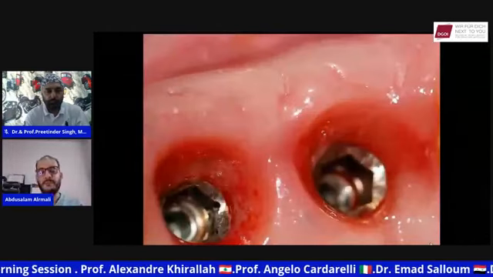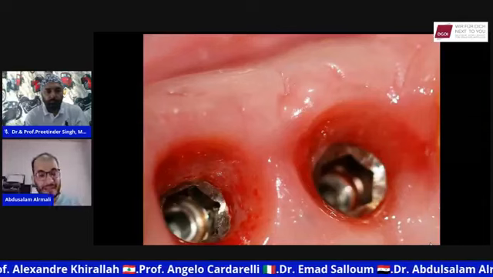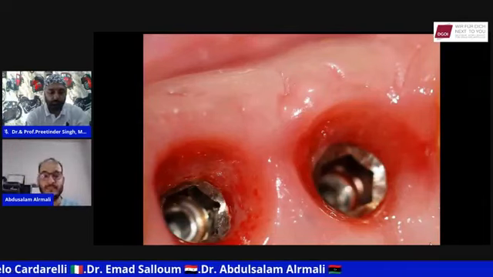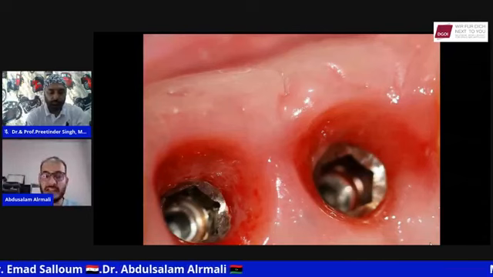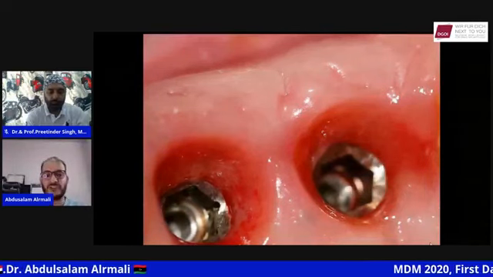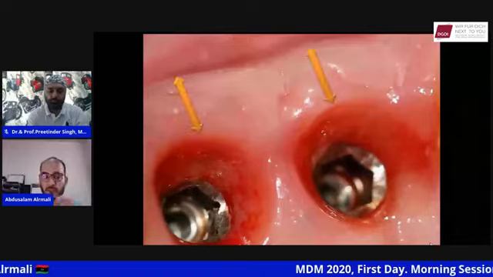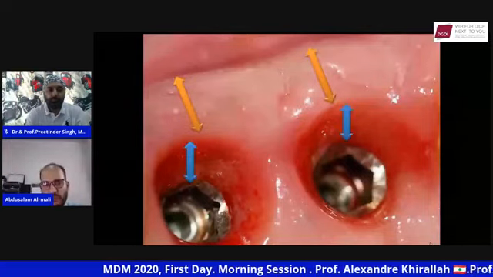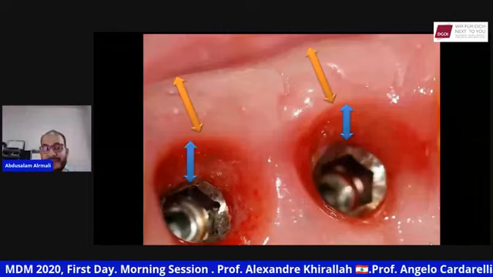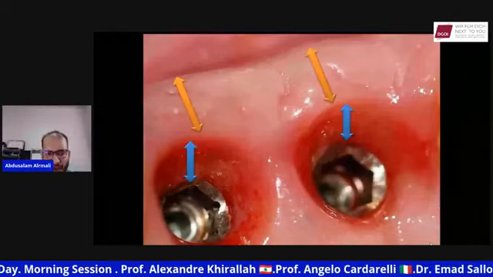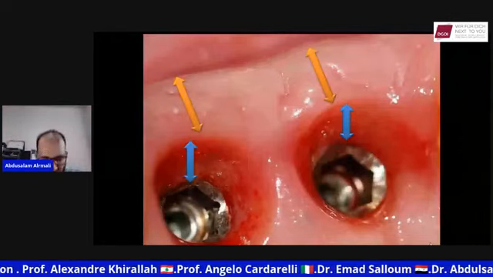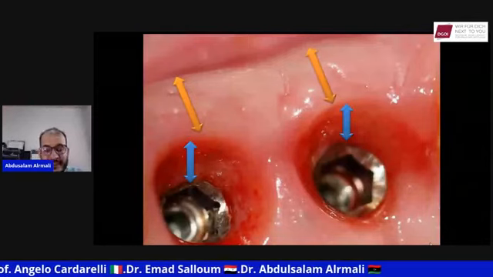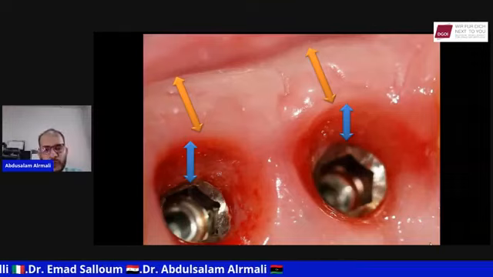So our aim in placing an implant with respect to position is that you have to place your implant in a 3D position. The position is the main key factor in placing an implant, keeping normal distance, keeping bulk of bone buccally, a minimum of 2 millimeters of bone should be present buccally, keeping the vertical soft tissue height, which is called the transmucosal zone, or vertical soft tissue thickness, which is a minimum of 3 to 4 millimeters.